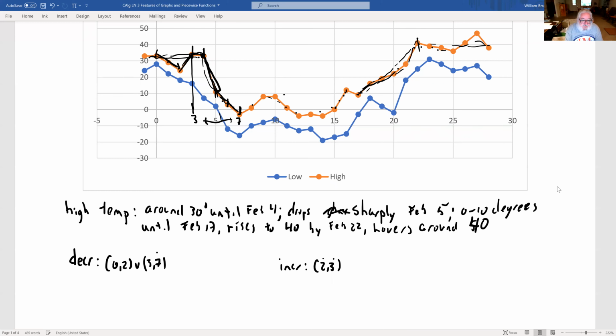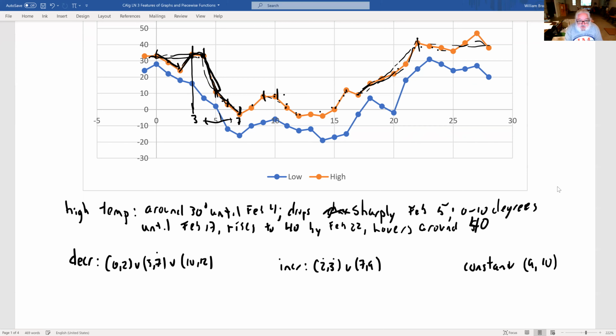It was increasing then from 7 to 9. And then actually constant for 2 days, days 9 and 10. And then it decreased again from 10 to 12.